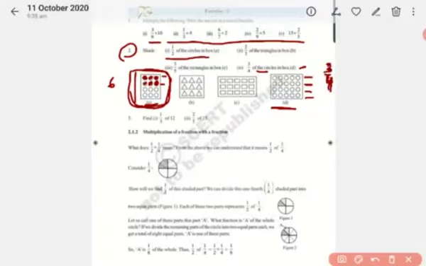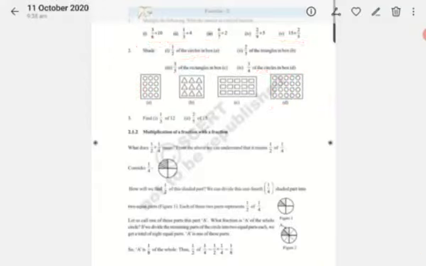So what you will do, shade 3, 1 2 3, 1 2 3. So totally how many circles have you shaded? 3 4s are 12 regions you have shaded.